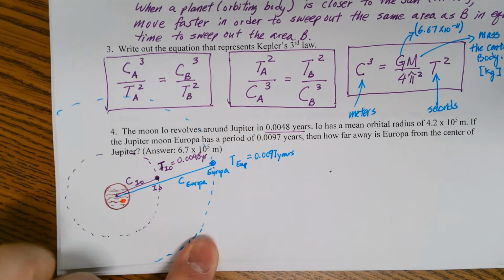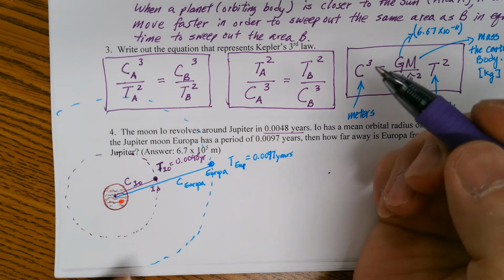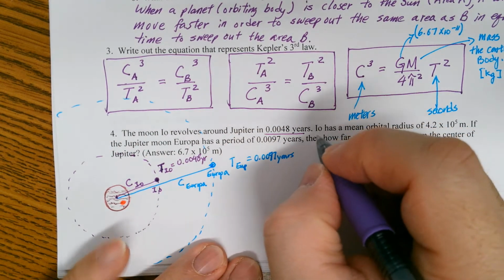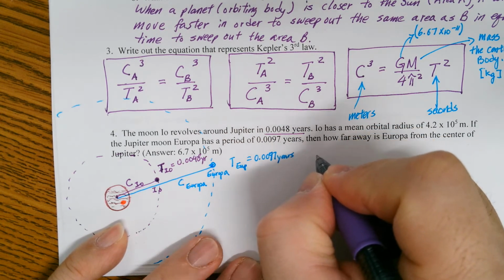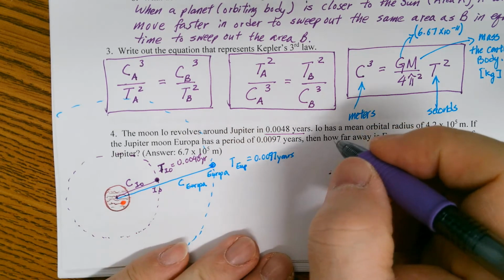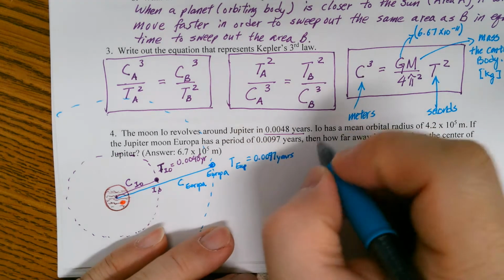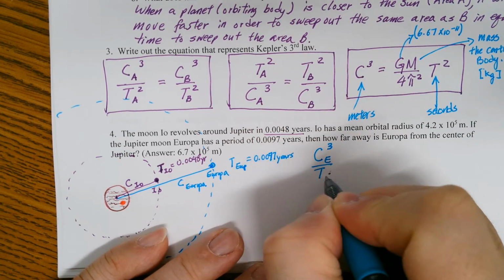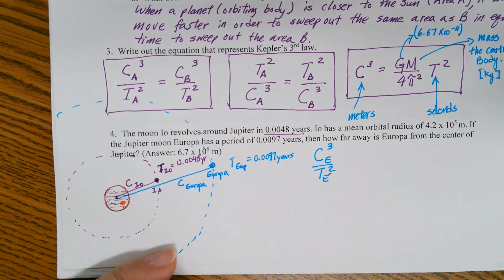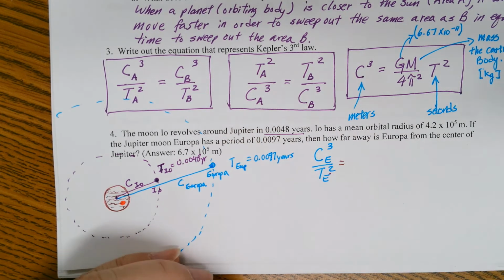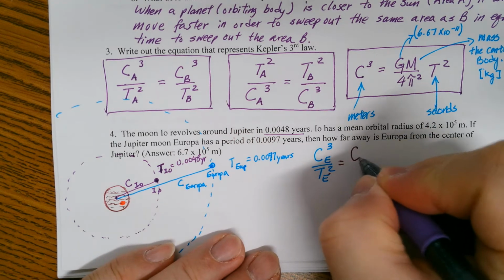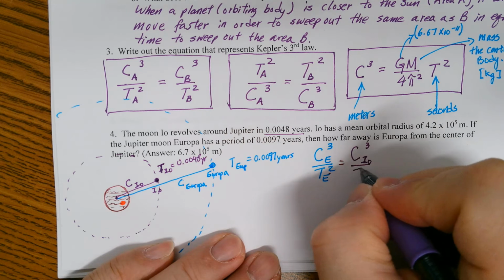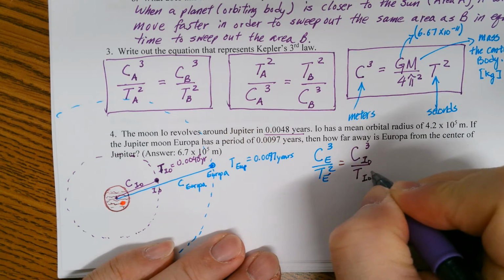To calculate that, we can use this equation. We can say C Europa cubed over the period of Europa squared must equal the C of Io cubed over the period of Io squared.